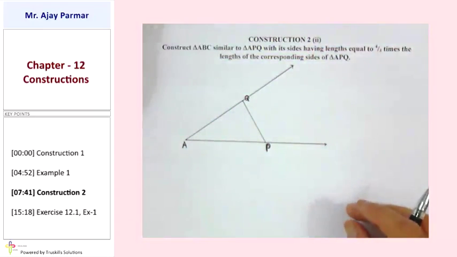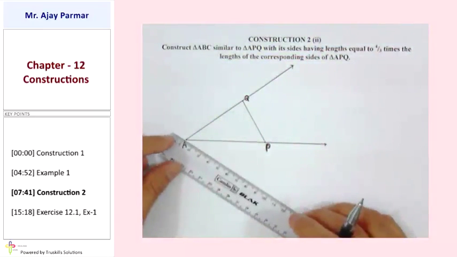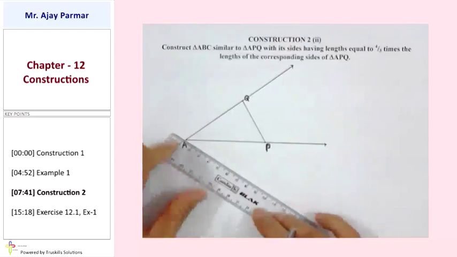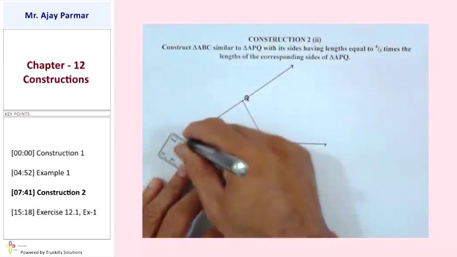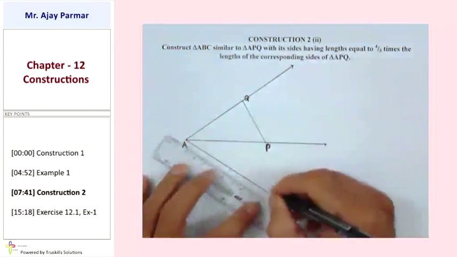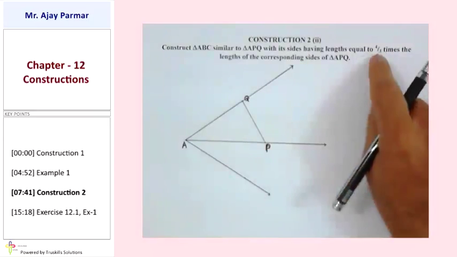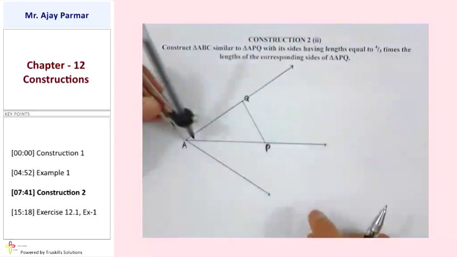Once again, the initial step remains same. Draw ray AX such that measure angle PAX is less than 90. Now in the given scale factor, what is the bigger number? The bigger number is 4, because 4/3 is the number given to us.